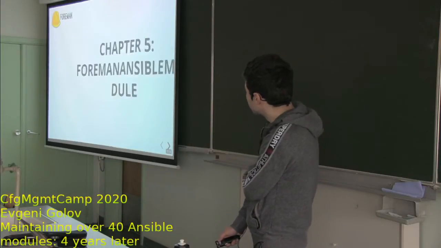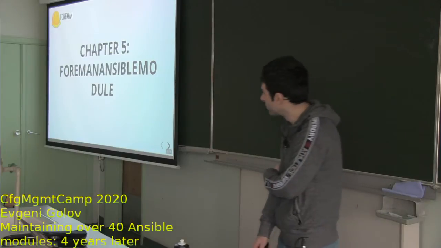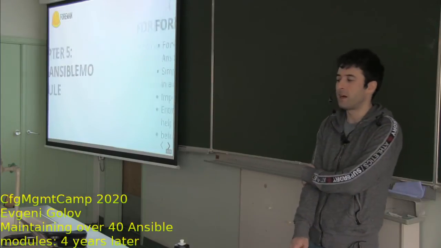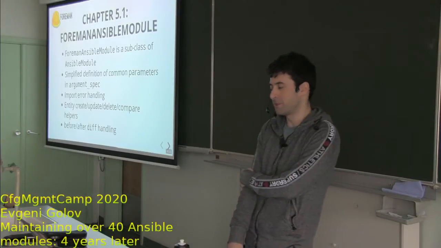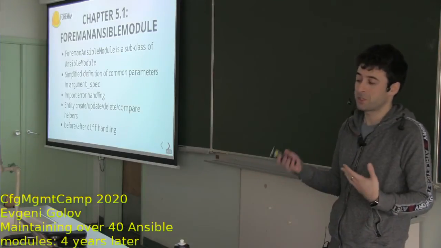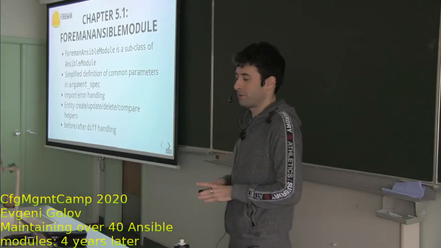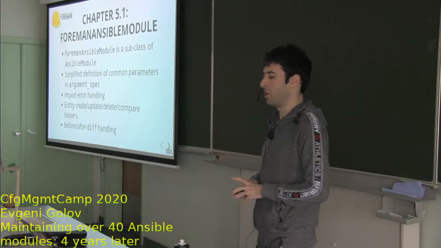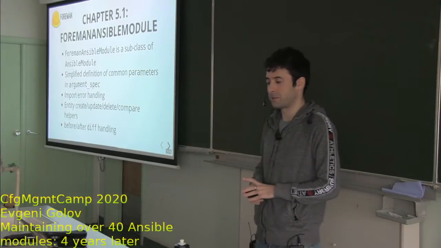The next one, that totally doesn't render nicely. It says ForemanAnsibleModule, which is our subclass of AnsibleModule. Because as I said earlier, every module shares a fair bit of identical code. Like I need to talk to an API, so I need the credentials and everything.